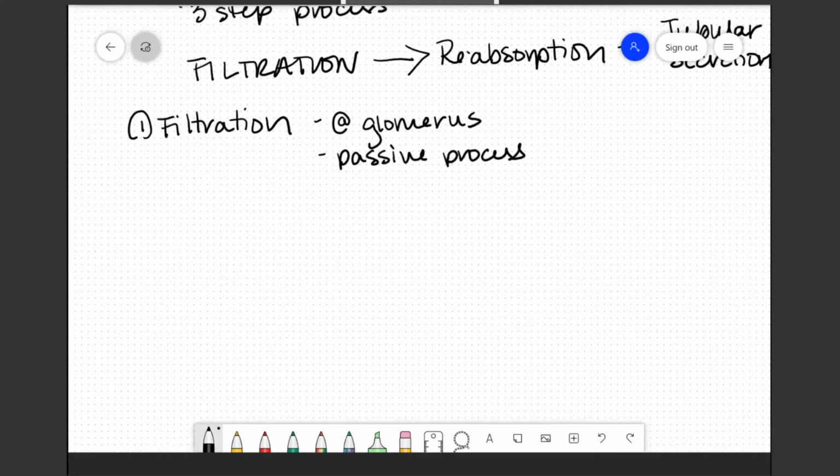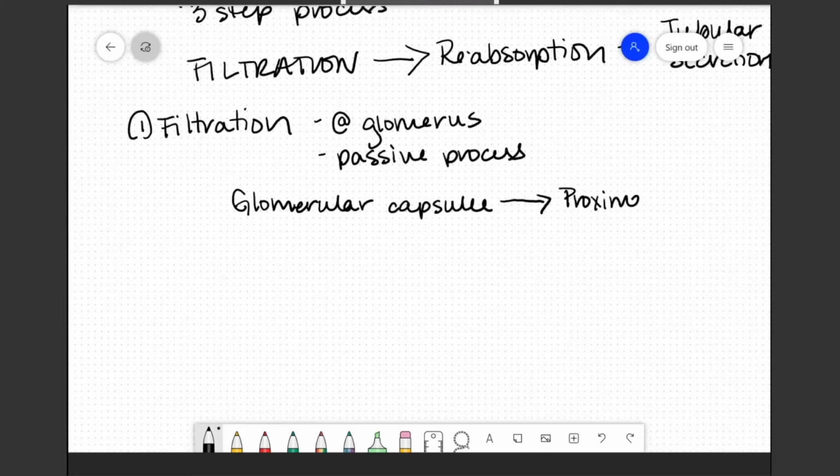So at this point right here, the blood is going to go from the glomerular capsule and it will get filtered into the proximal convoluted tubule. And at this point, it is now called filtrate.